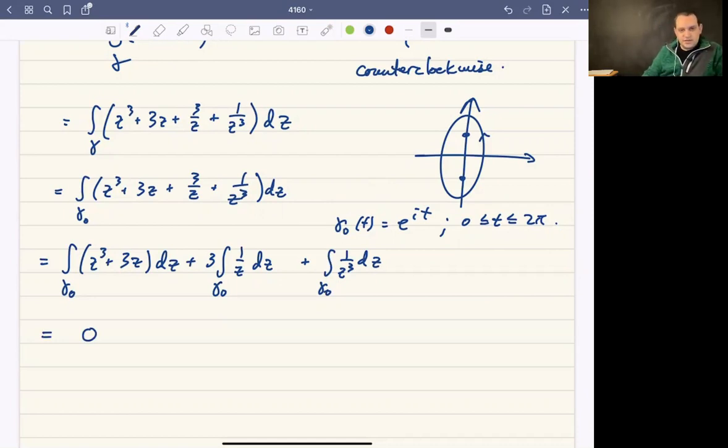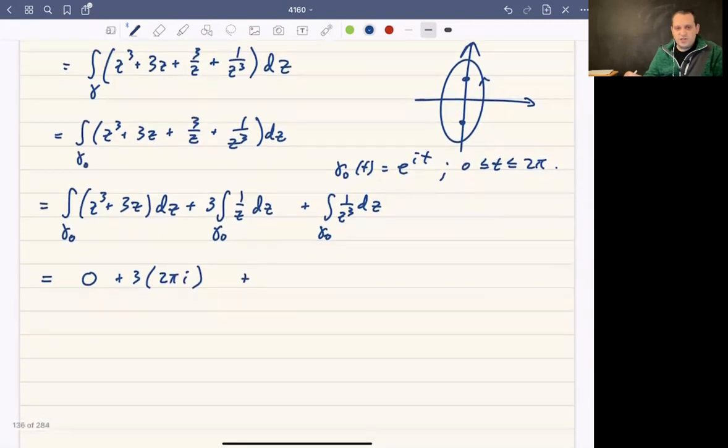The integral of 1 over z over the unit circle we computed before. That's 2 pi i, so we multiply by 3, which gives us 6 pi i. Therefore, the only integral that we'll have to evaluate is 1 over z cubed over the unit circle, and we'll have really no choice but to go through and do the definition here. This function is not holomorphic at the origin, so we have to be really careful.